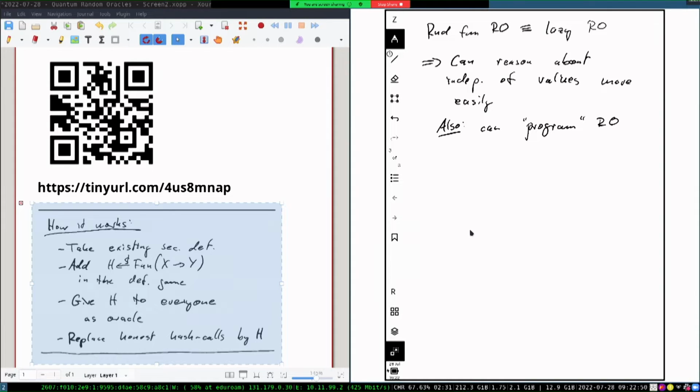I mean, we, the person who does the security proof. And at least as long as this value looks like a random value, no one will notice. So by keeping track of the queries that are being made, we can know which values we can still change, and so on. These two things are probably the most important things for security proofs in the random oracle model.